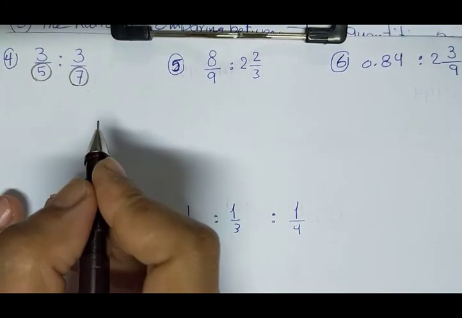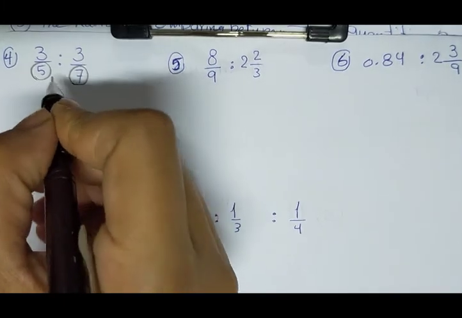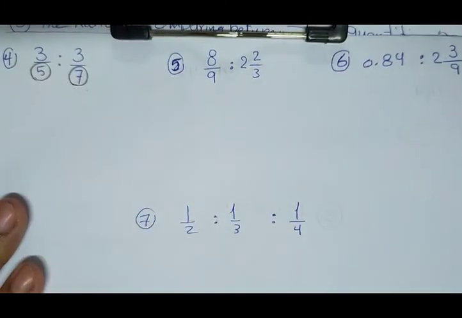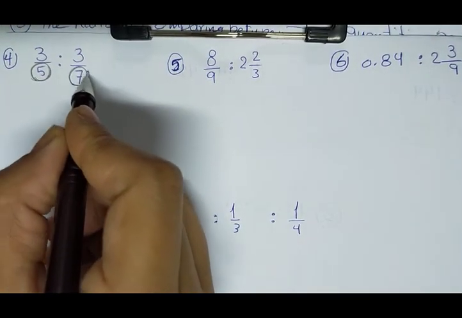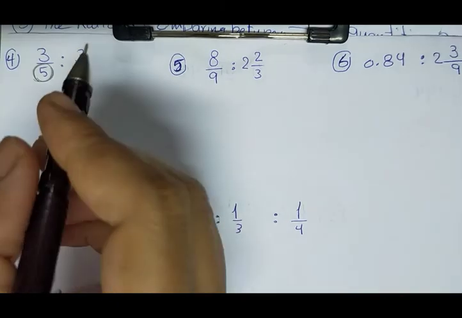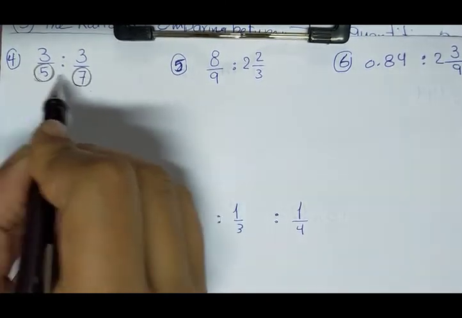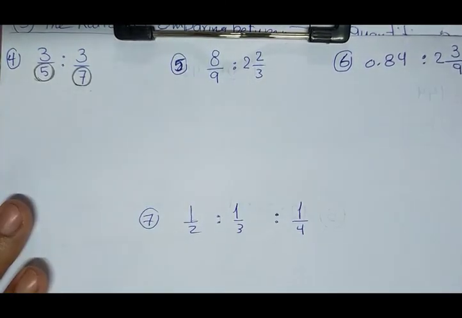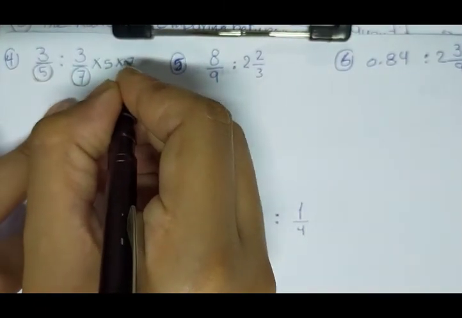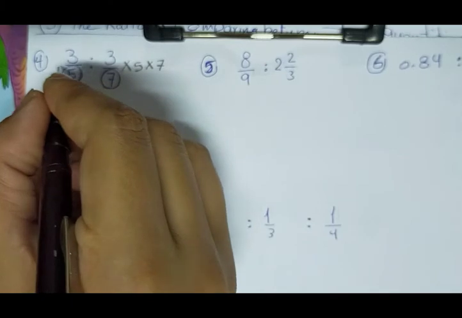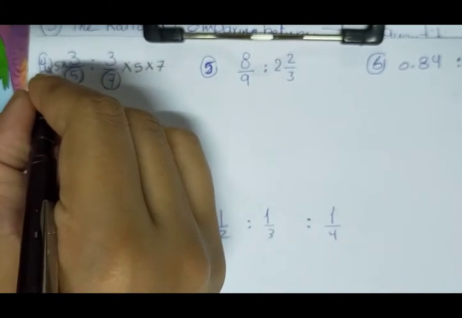To solve this problem, convert the fractions to whole numbers. How do I convert it? Look at the denominators. The denominator here is 5, and here 7. So times the terms of the ratio by the denominators. Times 5 times 7. Do the same. Times 5 times 7.